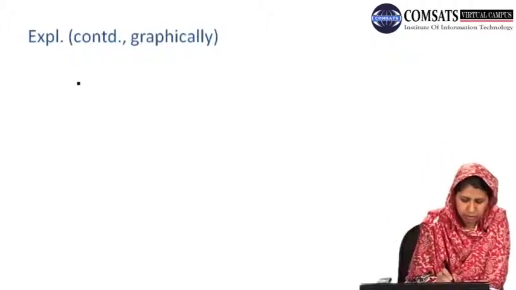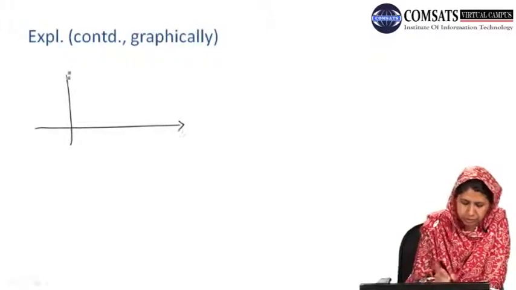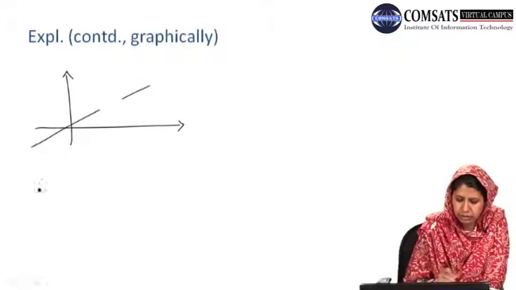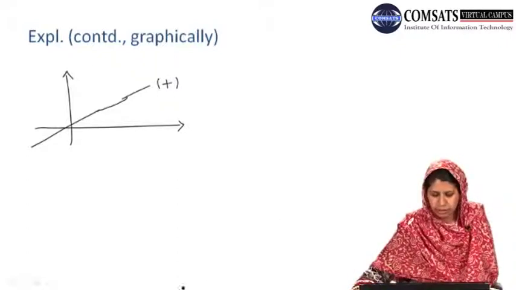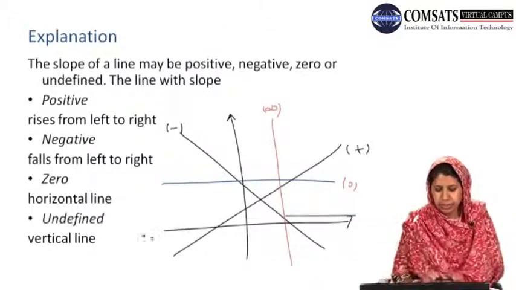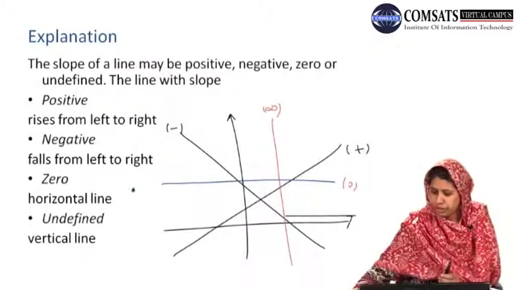What do we mean by this? Suppose we have our xy axis and we draw a line in this direction. As we have seen in our previous slide, if we have a line with positive slope, it rises from left to right.